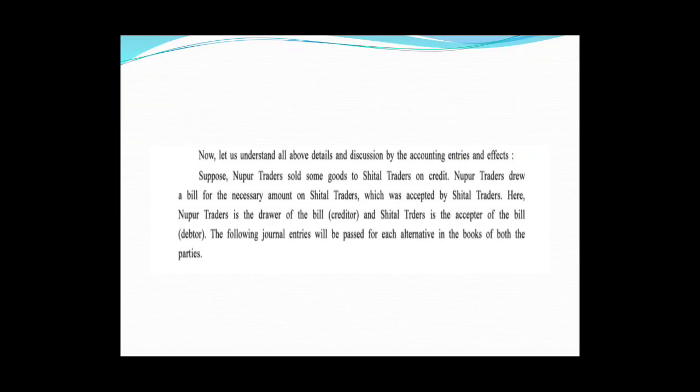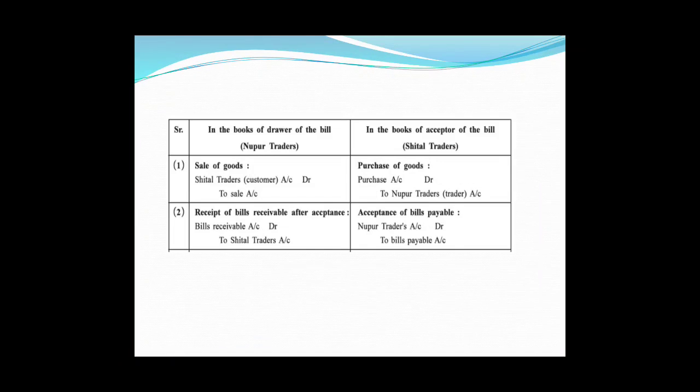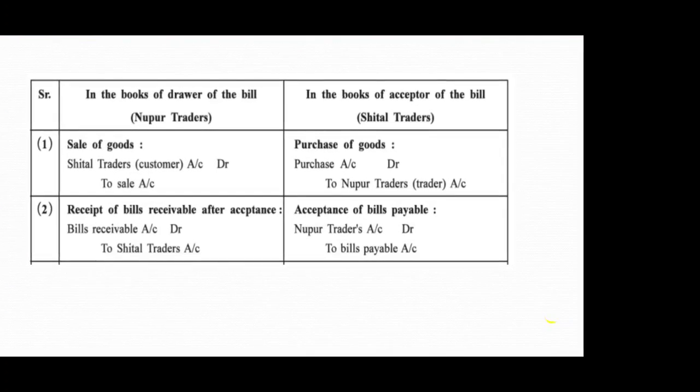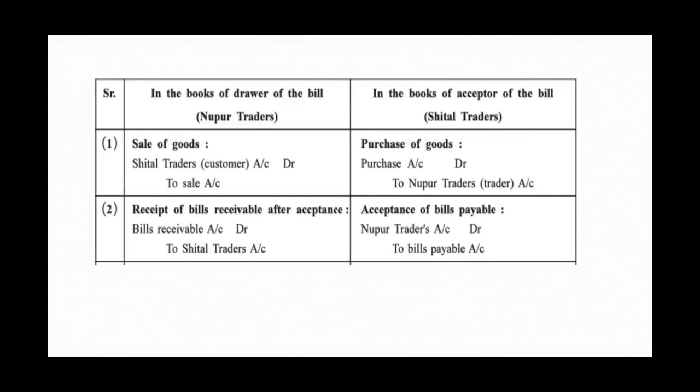First of all, we will pass the entry for the transaction of purchase and sale. So here the entry is, first, sale of goods for Nupur. In the books of Nupur, Sheetal traders account debit to sales account, or you may call it drawee account debit to sales account, or debtor account debit to sales account, or customer account debit to sales account.